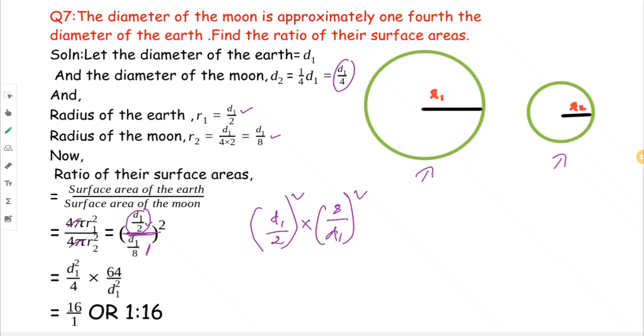Then D1 into D1, I'll get D1 squared, and 2 2s are 4. 8 8s are 64, again D1 square. Once I'm done with that, 4 1s are 4, 4 16s are 64, and this D1 square and D1 square can be cancelled. So I'll get 4 by 64, which is 1 by 16, or the ratio of the surface area is 1:16.